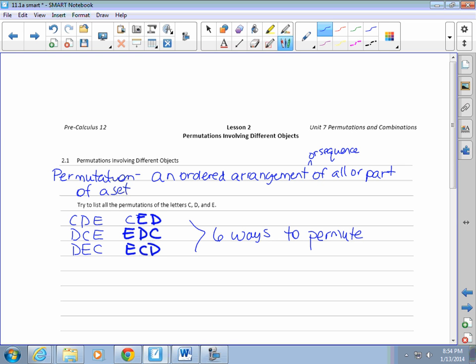So a quicker way of doing this is to say that I have 3 possible ways to choose my first letter. So I could choose C, D, or E for my first one. As soon as I've chosen one of those letters, in the second spot I only have 2 ways to choose the second letter.